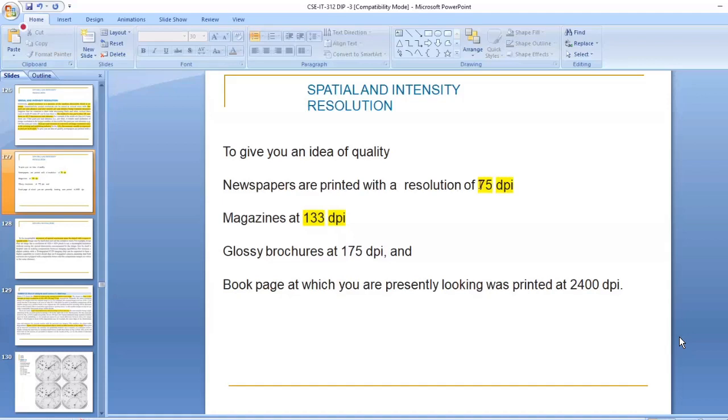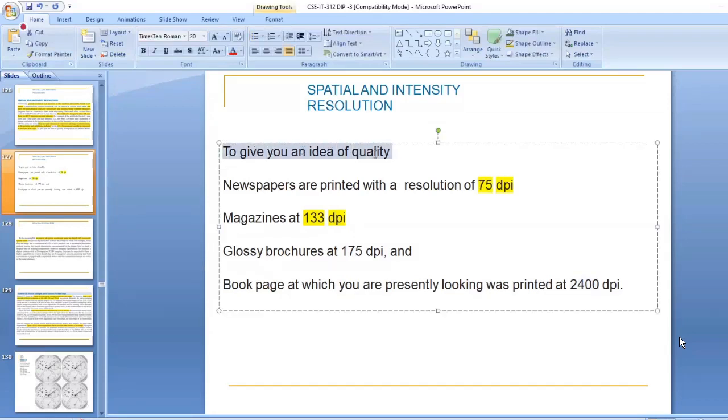And books at which you are presently looking, or we can say we used to study, are printed at 2400 DPI. So just imagine you have a size A4. सभी में आपका साइज कितना है आपका पेज का. एग्जाम्पल समझना तो A4 साइज इसका भी आपने लिया है, A4 साइज आपने मैगजीन का भी लिया है, ग्लॉसी का भी लिया है, और आपने बुक के पेज का भी लिया है A4 साइज.